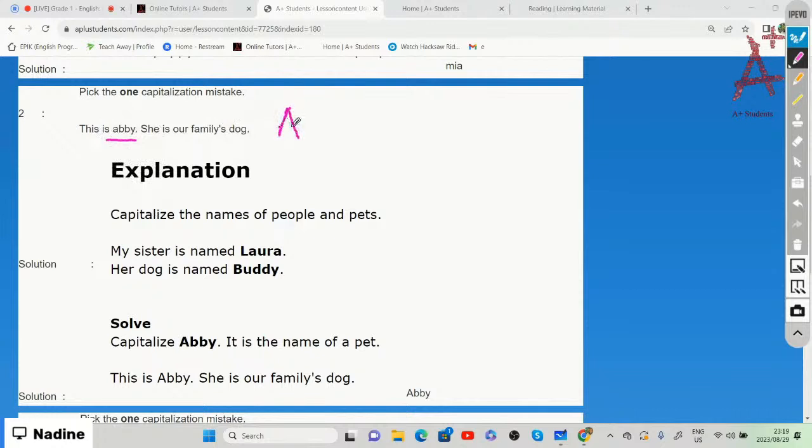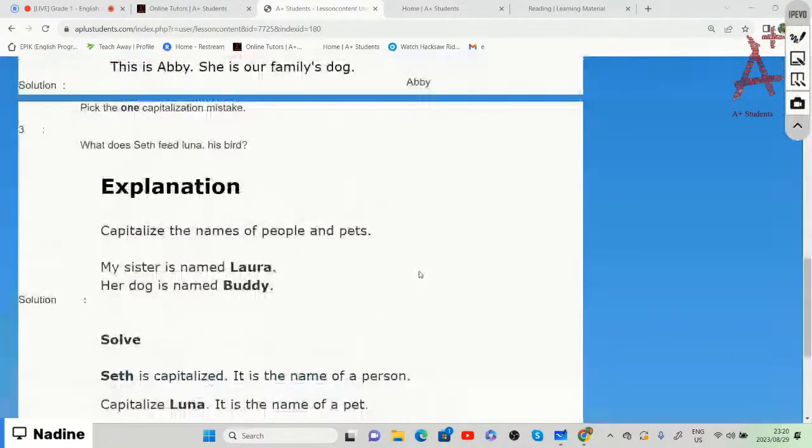So the first letter of the name of the dog needs to be a capital letter. This is Abby. She is our family's dog. So Abby is the family's pet, so we capitalize Abby. The first letter of the name of the dog is capitalized.